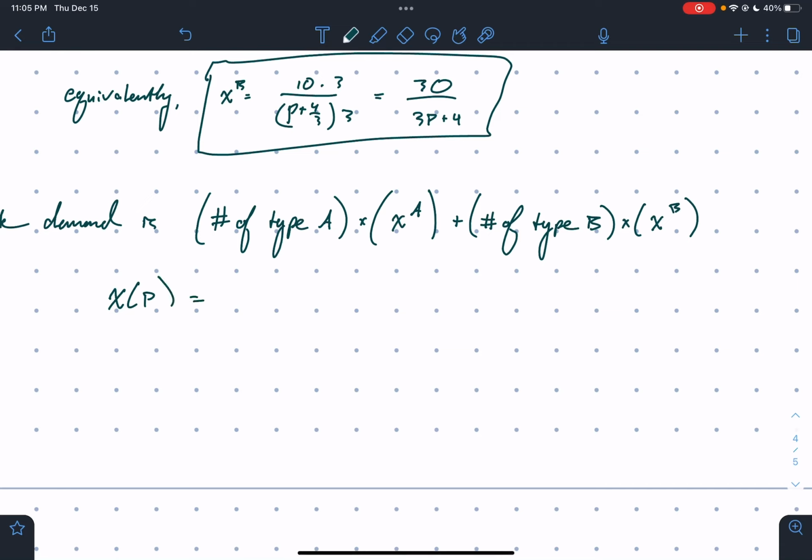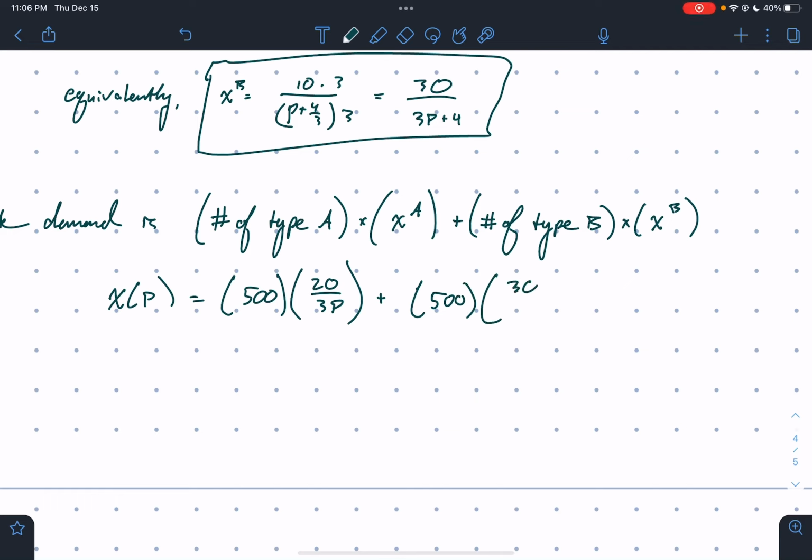So it's going to be, I'm trying to remember, it was like 20, well, okay, number of type A is 500 times 20 over 3p plus 500 times 30 over 3p plus 4.